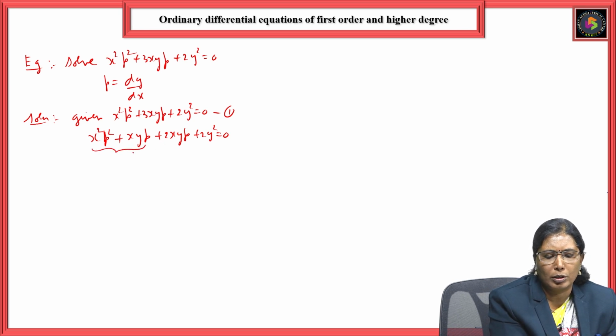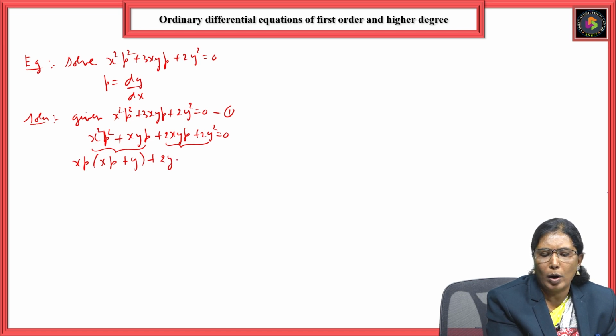From these two terms, what is common? x and p. So what do you get? xp into (xp plus y). What is common in the other two terms? 2y is common.